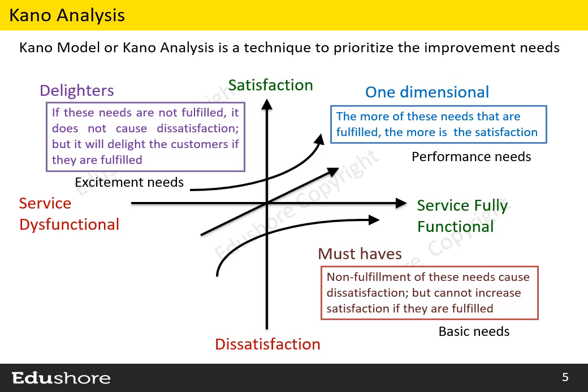The more the performance, the more the satisfaction. This is how, using Kano Analysis, we segregate the needs into must-haves, delighters, and performance needs. This helps us to prioritize and put more focus on addressing the performance and basic needs first.